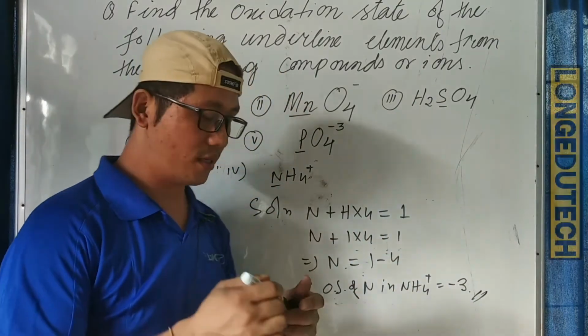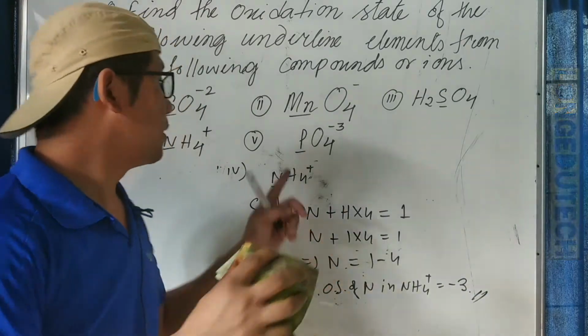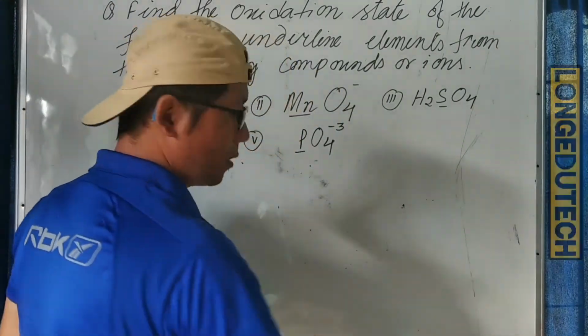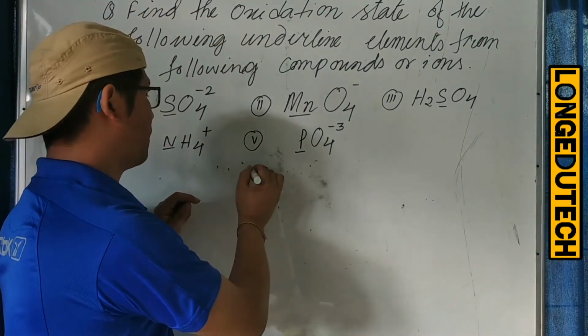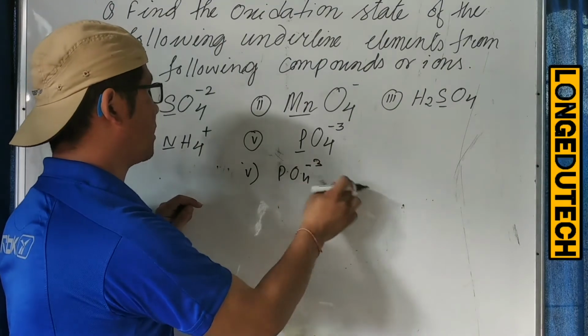So like this we can find out. And the last one: we will find out the oxidation state of phosphorus. In number 5, PO4 3 minus. This is a charged ion only.